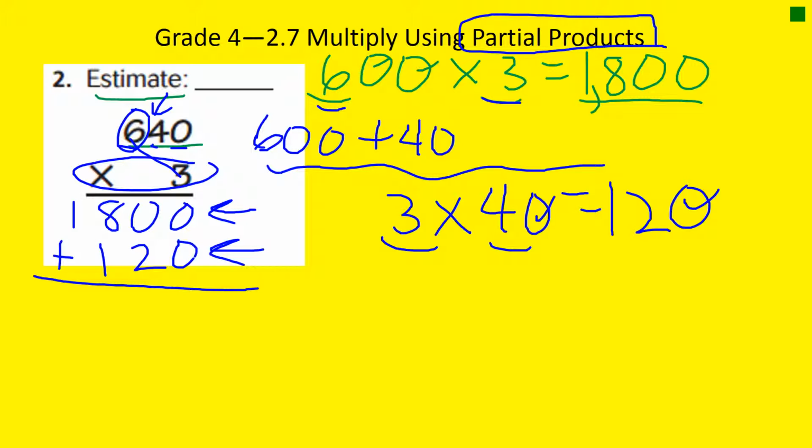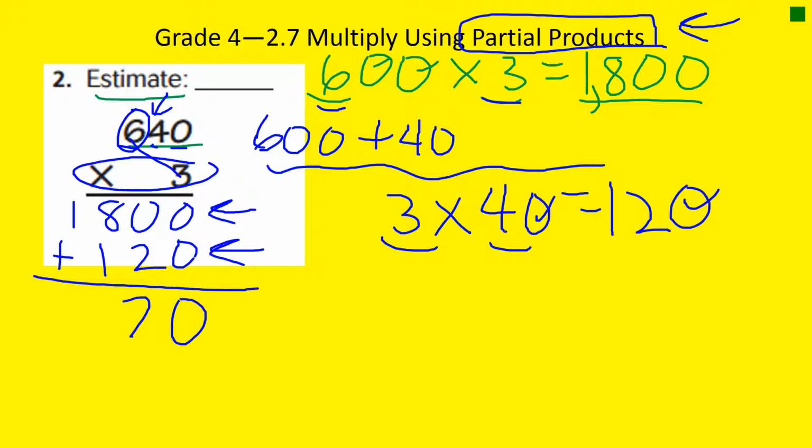So we broke apart 640 in expanded form like we just did in the last lesson. We're using the distributive property by multiplying each part by 3. And now we know that those parts are called partial products.